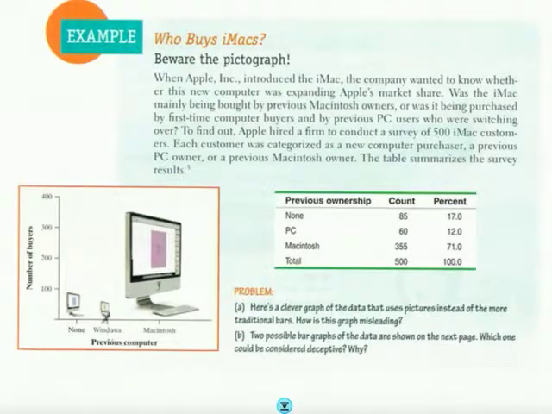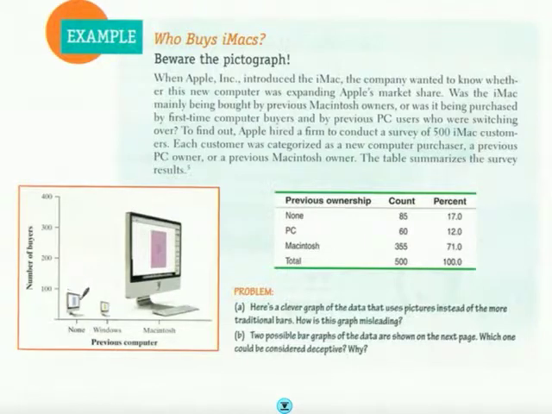It shows that Macintosh owners have the hugest computer. They also have the biggest amount, the highest total. Windows owners, or PC owners, there were 60 of them, and they accounted for 12%. But looking at how this looks, it makes it look like they were hardly anything.